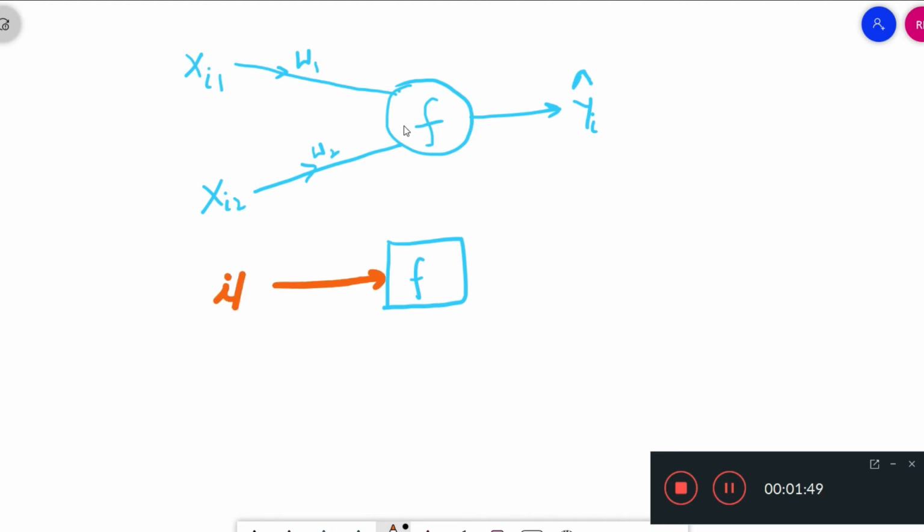As you would have already learned in the last few videos, the input going to f is of the form w1 x1 plus w2 x2. That is, weighted inputs summed up together. And what is the output that we are getting out of this function? Because this is a linear regression problem, what should be the output that should be coming out of this function?